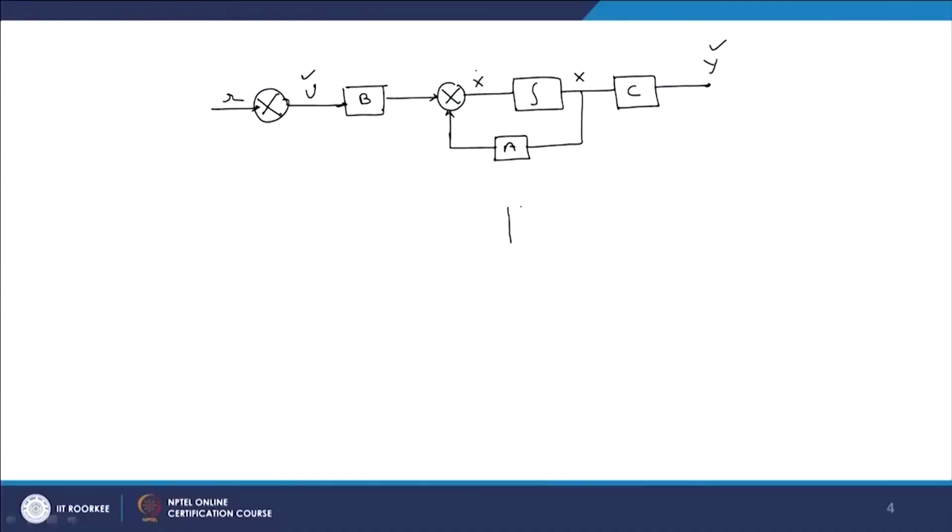Therefore, we are taking an observer that is called a state observer, which estimates the states, and it depends upon this output, and here is the input which is coming.